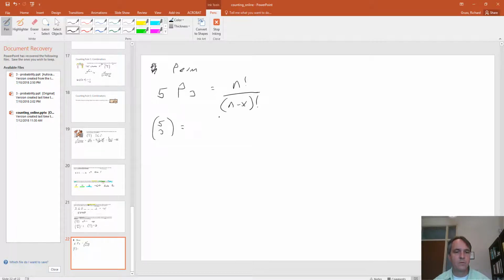So once you pick that 3, it's a combination, and its formula is n factorial over n minus x factorial times x factorial. But then once we've chosen the book, and this is very messy here.